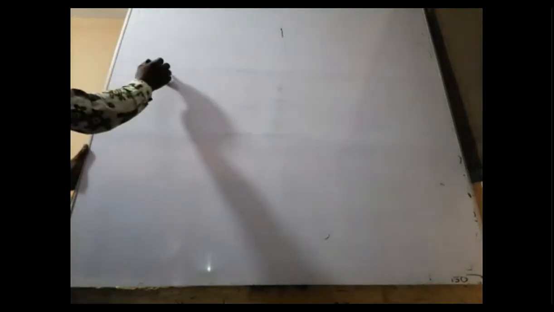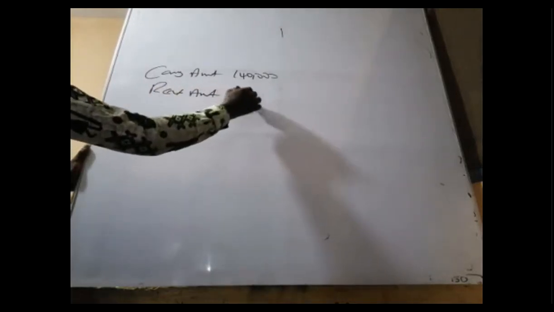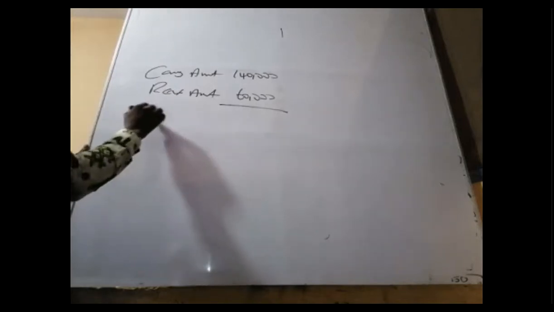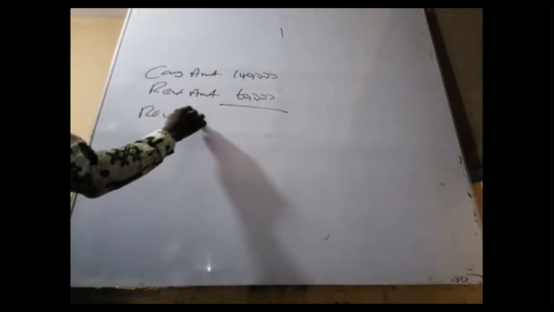Now, first, the carrying amount is 140,000, and the revalued amount happened to be 60,000, right? So there's a revaluation loss of 80,000.